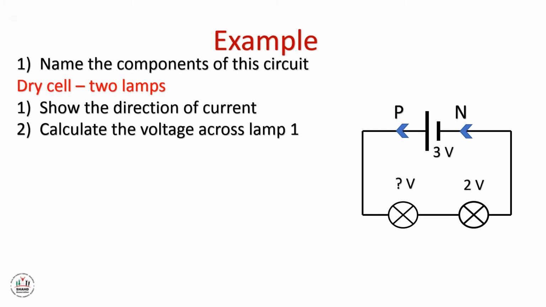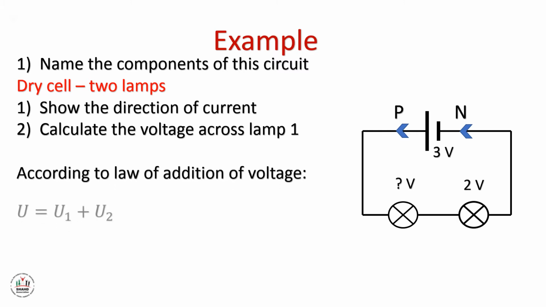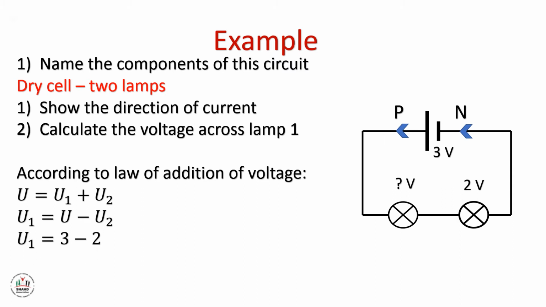So we write U is equal to U1 plus U2, where U is the voltage across the dry cell, U1 is the voltage across lamp 1, and U2 is the voltage across lamp 2. Now we need U1, so we move it to the other side, and U1 will be equal to U minus U2. So we plug in: 3 minus 2 gives 1 volt. So the voltage across lamp 1 is 1 volt.